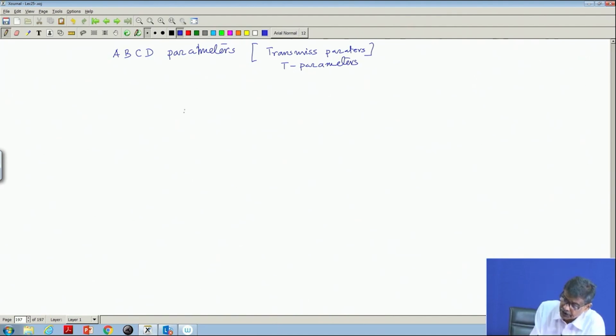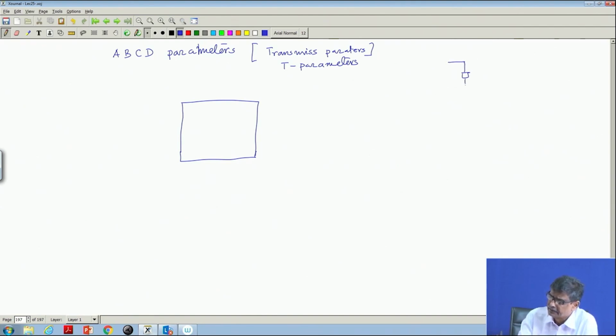See, suppose you have a two port network. Suppose you have a transmission line. A transmission line will have capacitances in parallel, then inductances in series, and a pi representation of a transmission line could be like this.